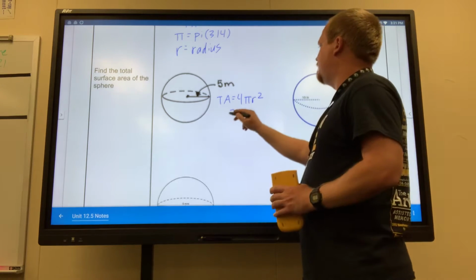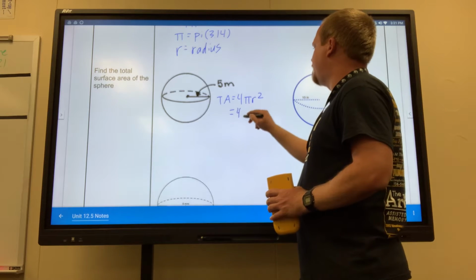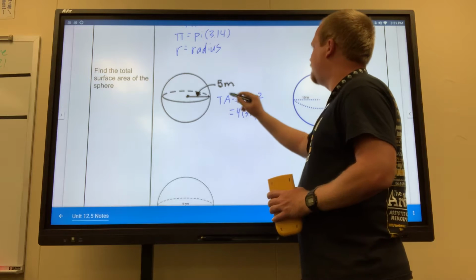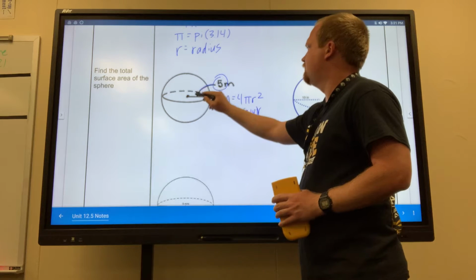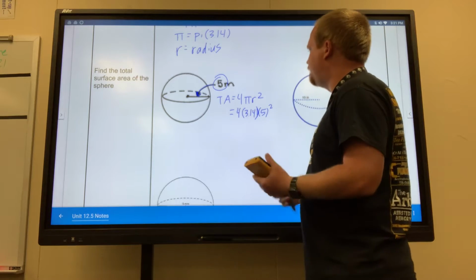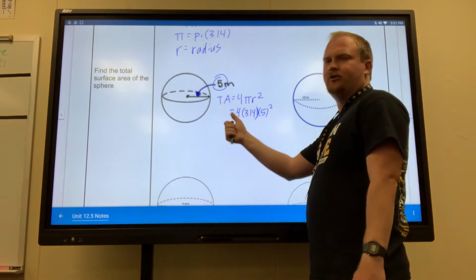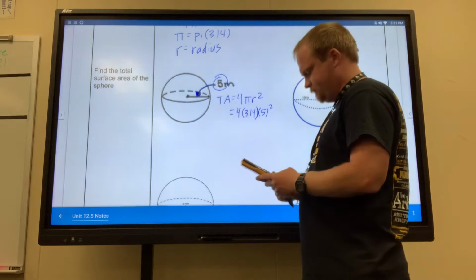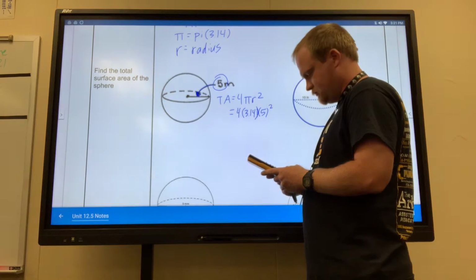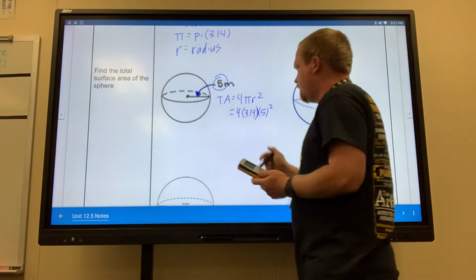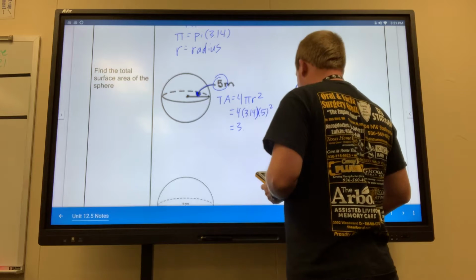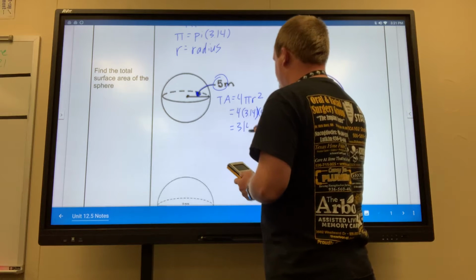So again, I can replace the pi with 3.14. And look what my radius happens to be. It happens to be 5. So I'm going to square the 5. I can multiply all this out, and that will give me 314.